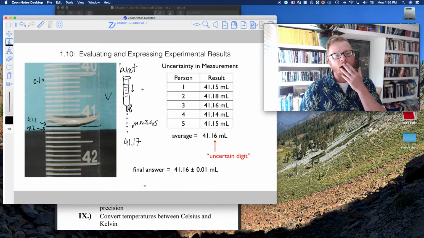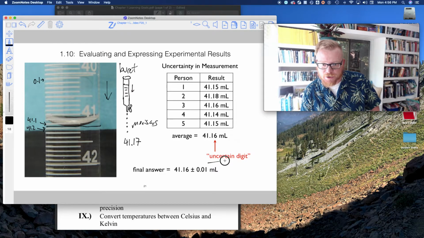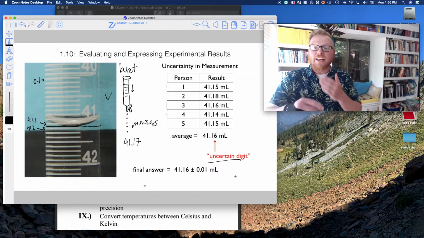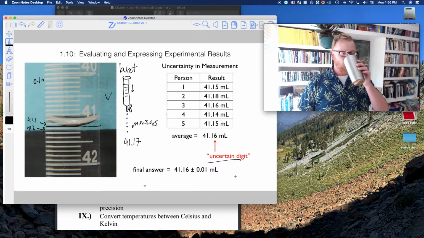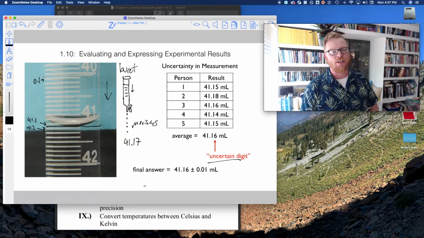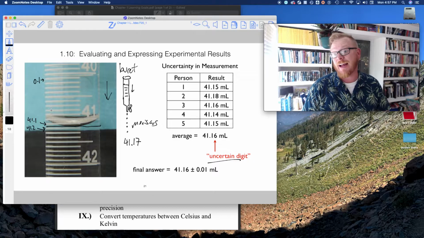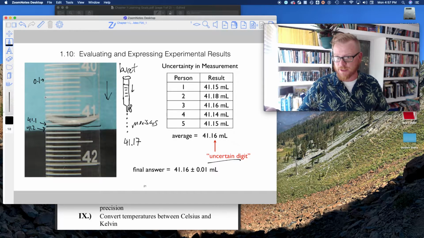Okay? And you'll learn this in lab as you go. But if our device has graduations every 0.1 milliliters, you're going to estimate the uncertain digit one digit past the digit that you have a graduation for. So in this burette, you have graduations every 0.1 milliliters. That means you're going to have to estimate to the best of your ability the 100th place, the 0.01.